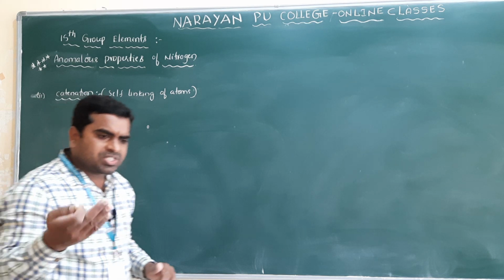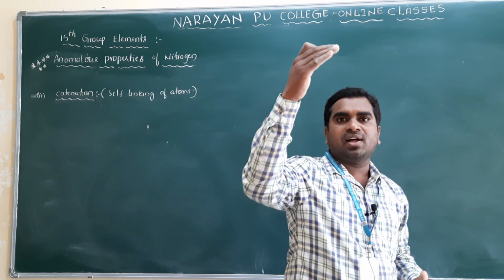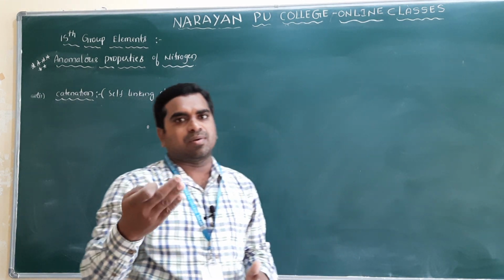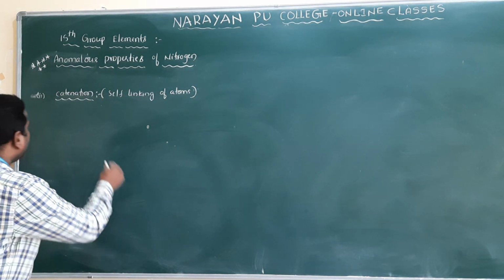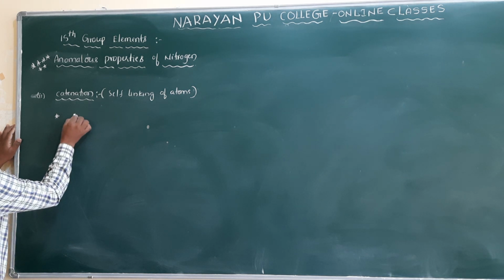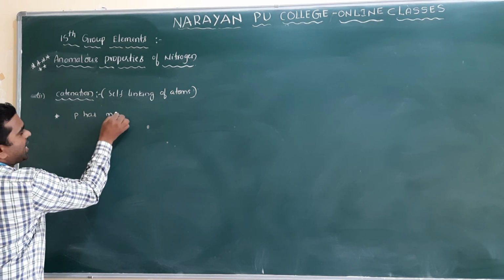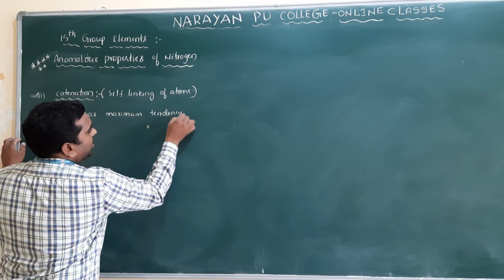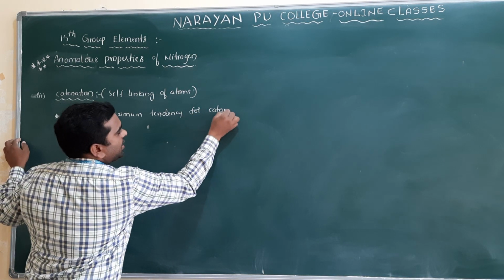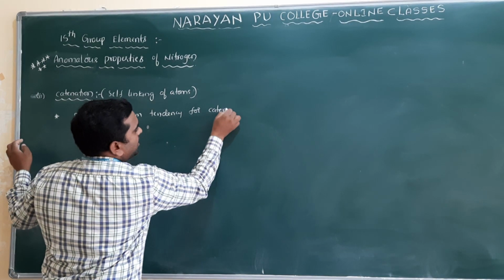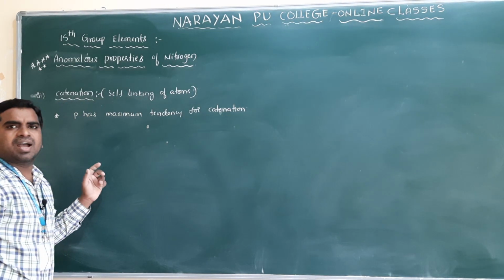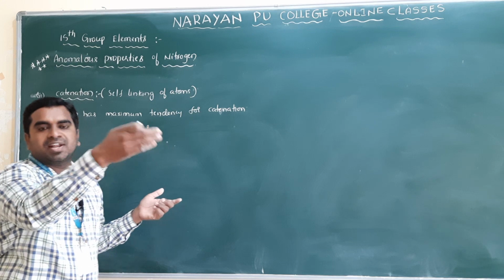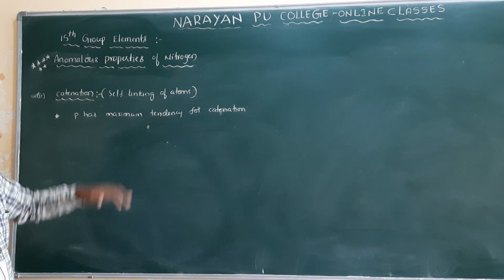Nitrogen is also the first element in the 15th group, so it should also show the highest catenation property, but it does not. Among the 15th group elements, phosphorus has the maximum tendency for catenation. Which one should have it? Actually nitrogen should, as carbon, the first element of the 14th group, has the maximum tendency for catenation, but it is not nitrogen. It is phosphorus.